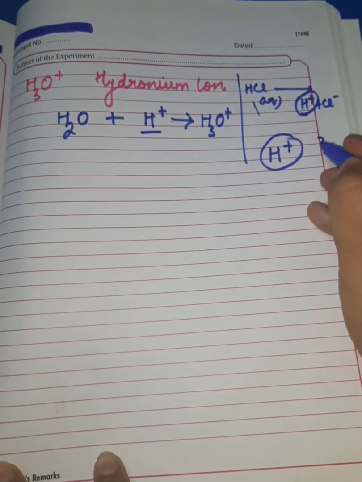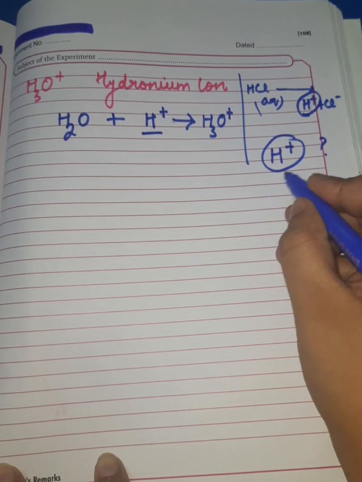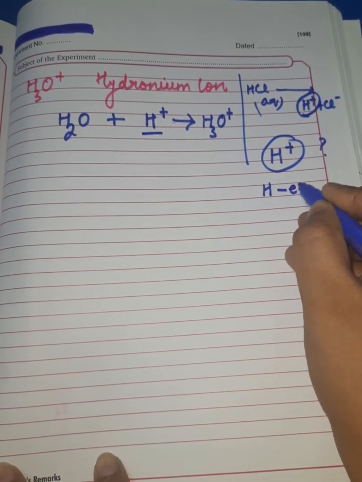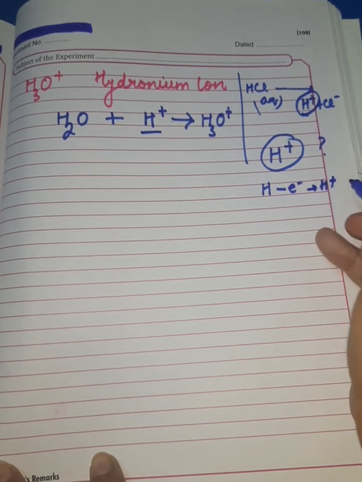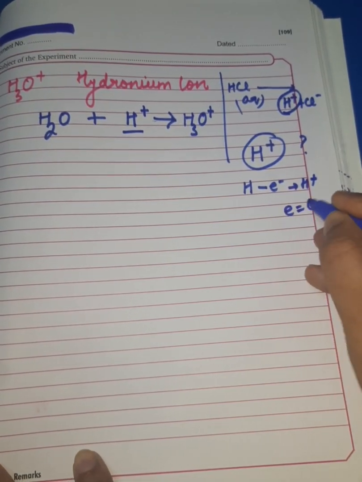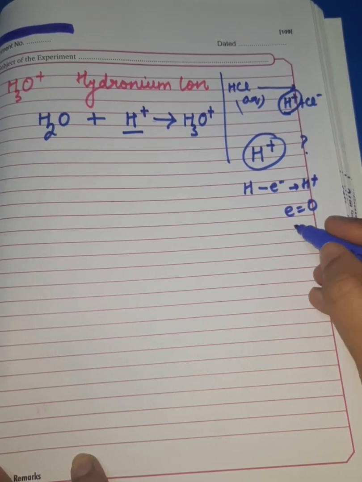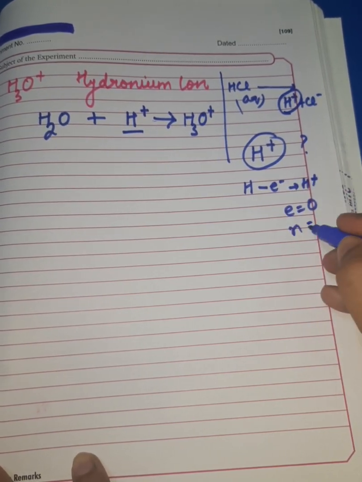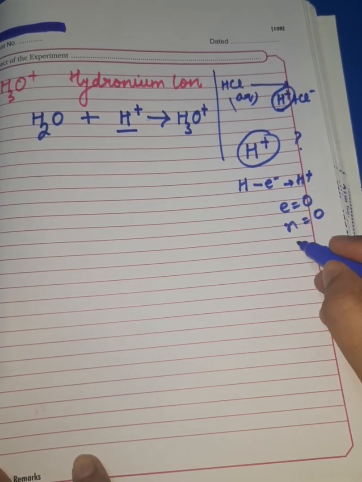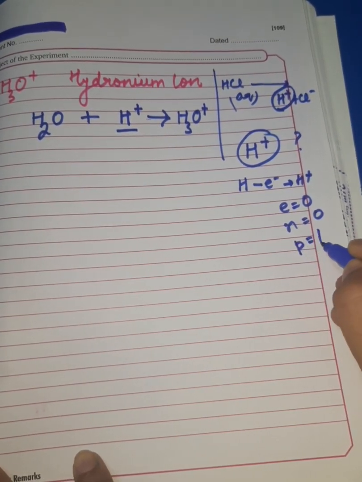H plus is the positive ion which is formed when hydrogen loses an electron. So this H plus does not have any electron. Hydrogen already does not contain any neutron, but it will have one proton.